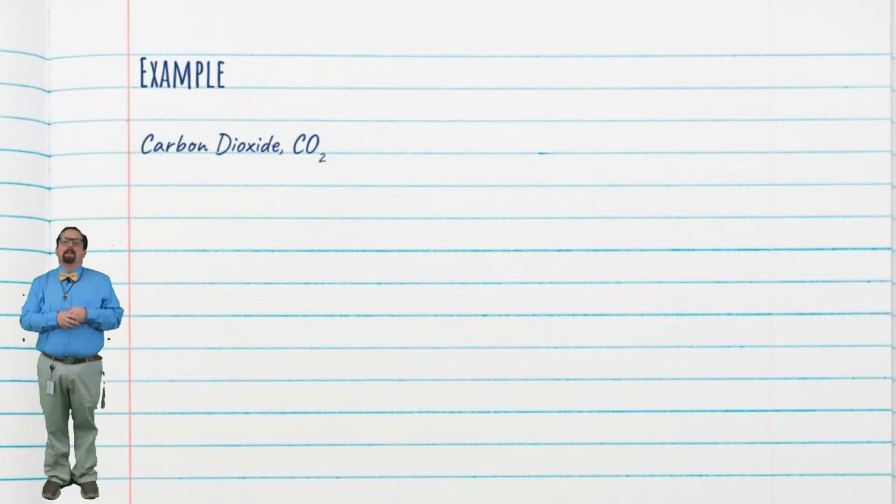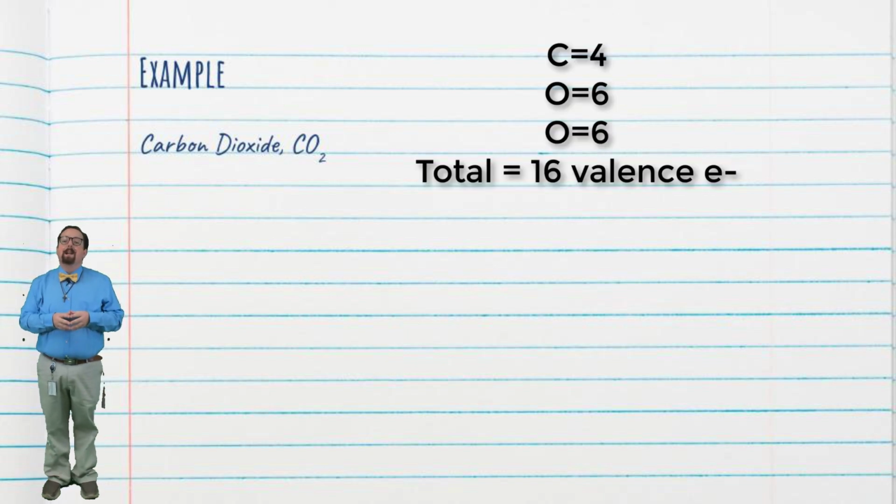Let's do a quick example. Carbon dioxide, as we saw before, has 1 C and 2 O's. Carbon comes with 4 valence electrons, and oxygen comes with 6. So we get 4 plus 12, a total of 16 valence electrons. We're going to start by writing C for carbon in the middle, and then we'll draw the O's on the outside and connect them with covalent bonds.